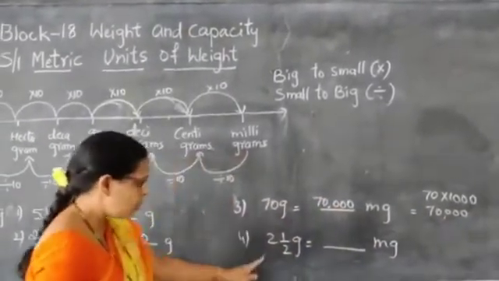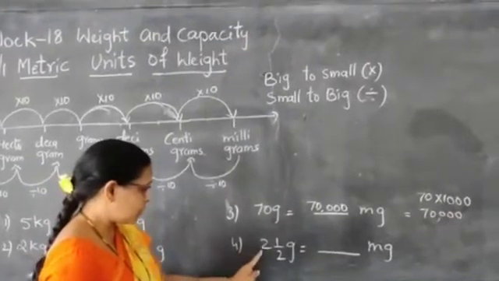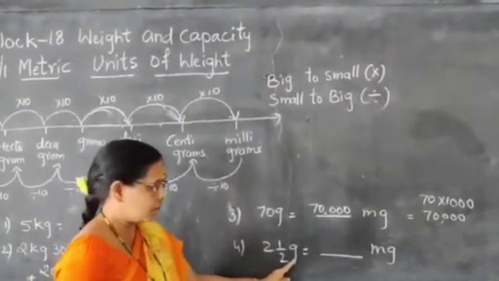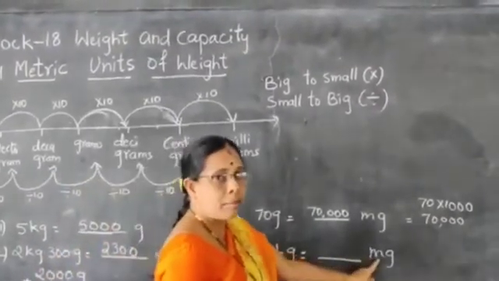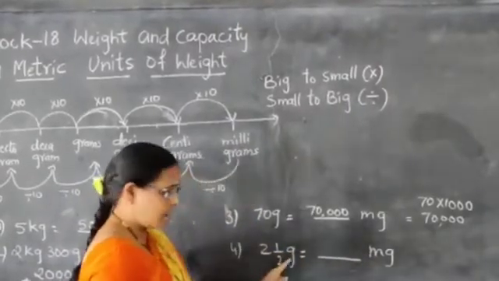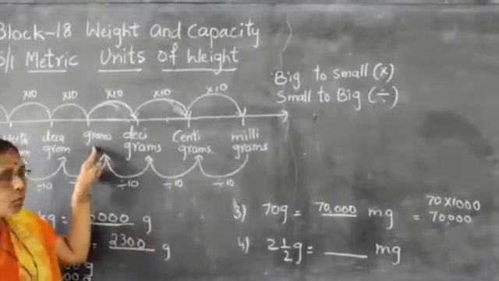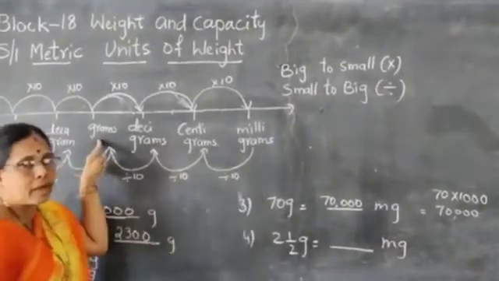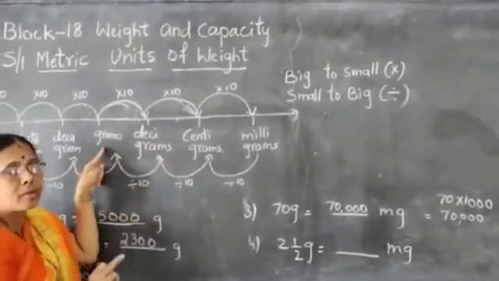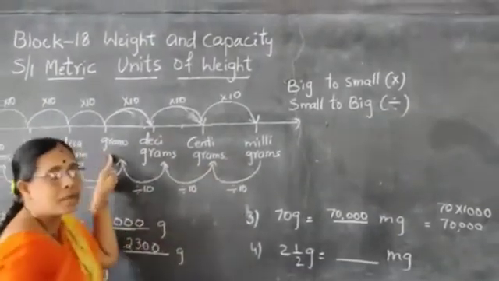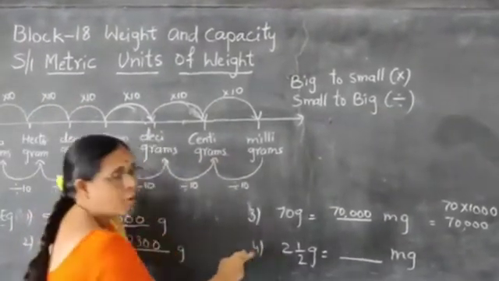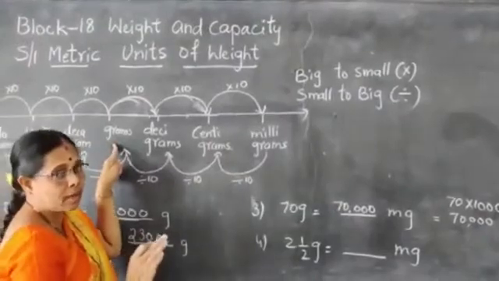Okay. Now check here. Fourth one, 2.5 grams is equal to how many milligrams? See, 1 gram is equal to 1000 milligrams. So 2 grams is 2000 milligrams.